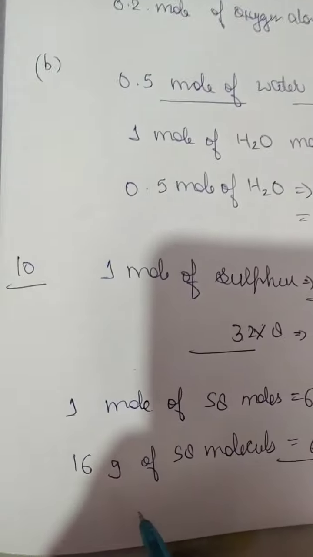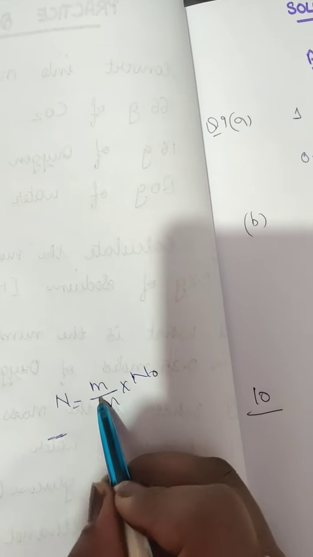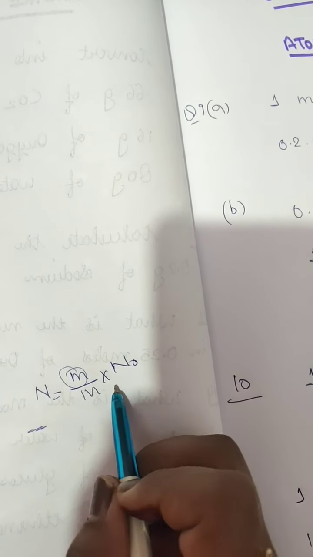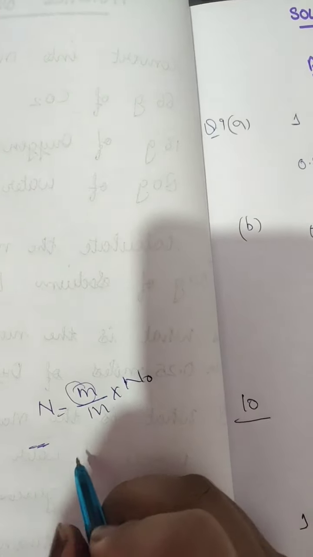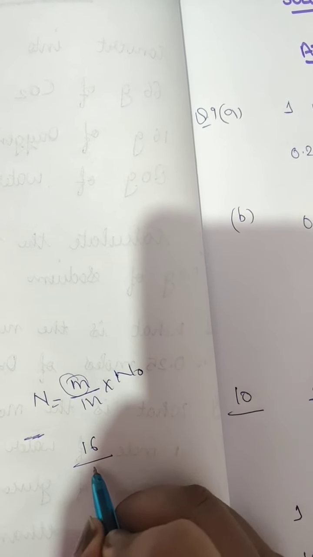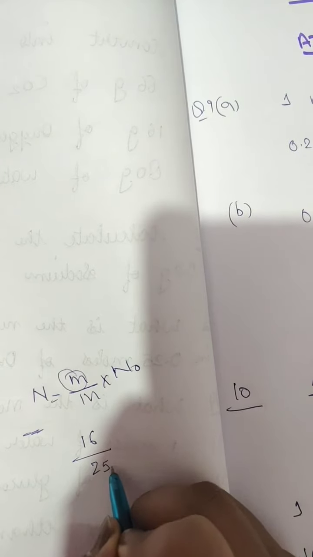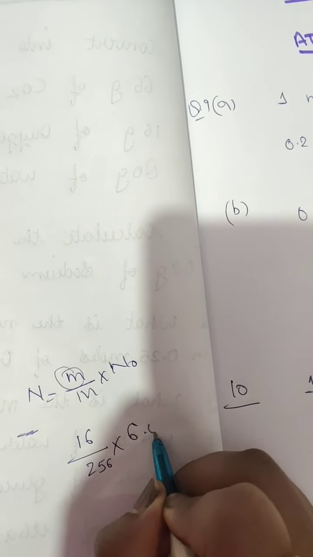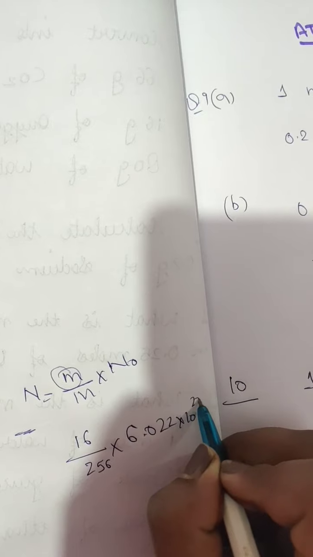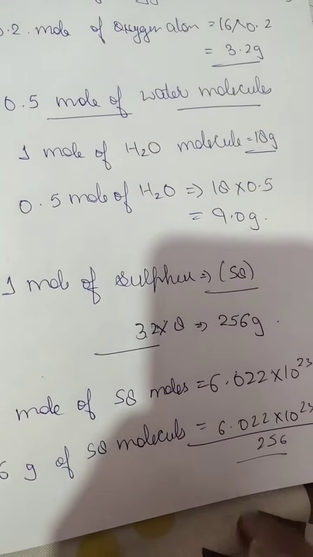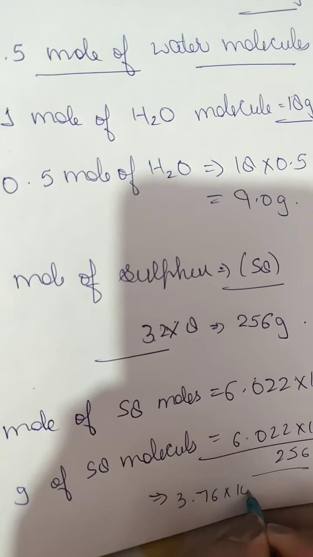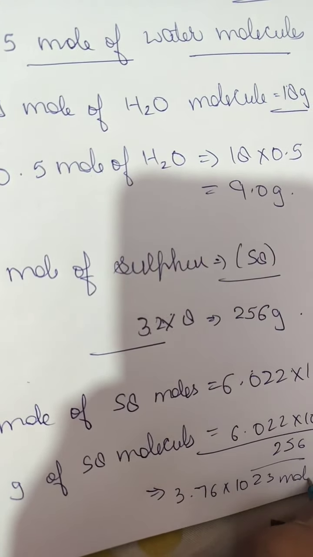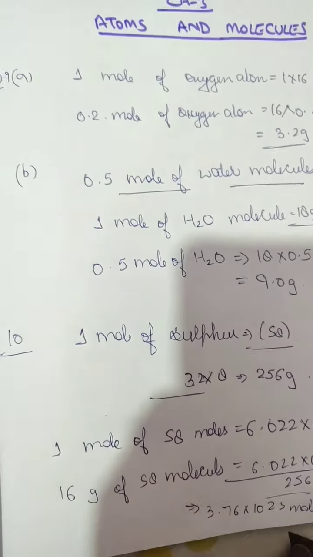So here N is the number of molecules, which we have to calculate, m is the given mass, which is 16 grams, and the molar mass M is 256, into Avogadro's number. So this is how the formula is, and then the answer will be 3.76 into 10 to the power 23 molecules. Okay, so this is how we'll do this question.